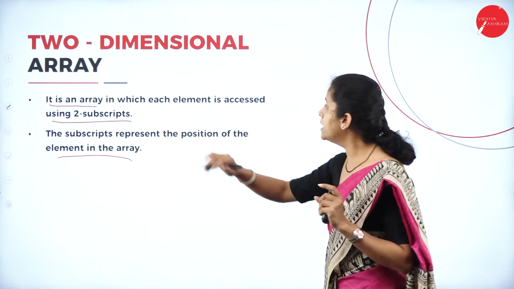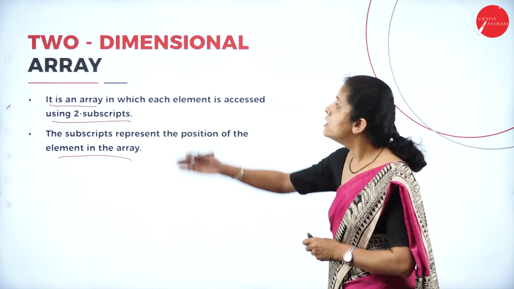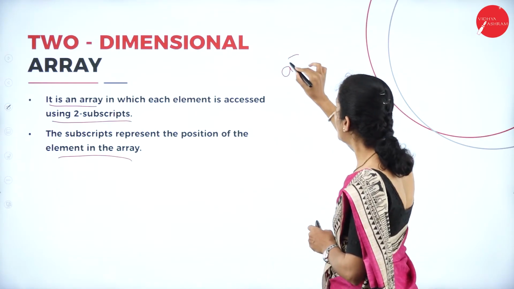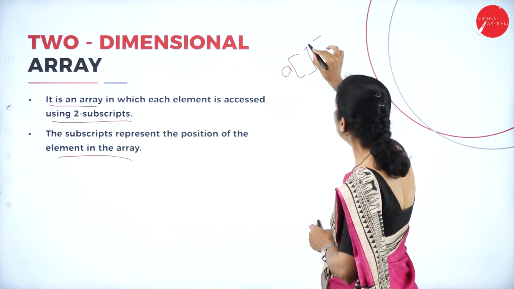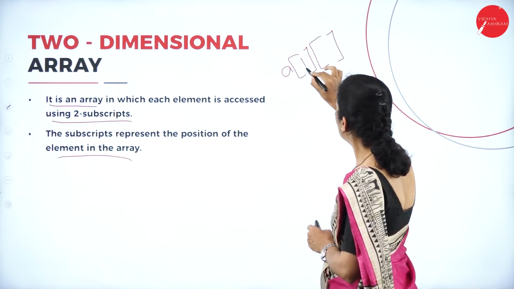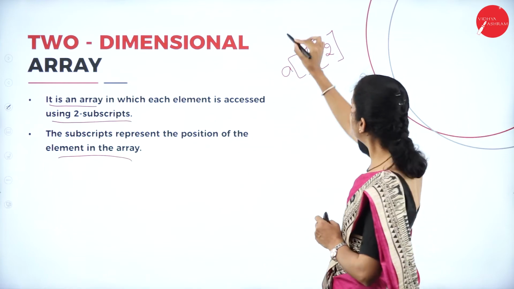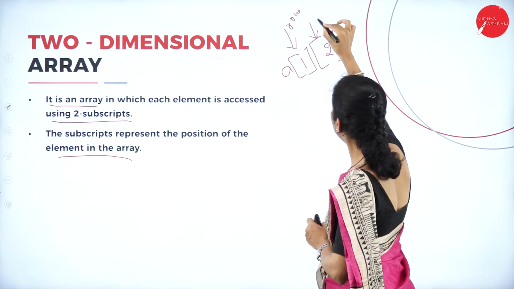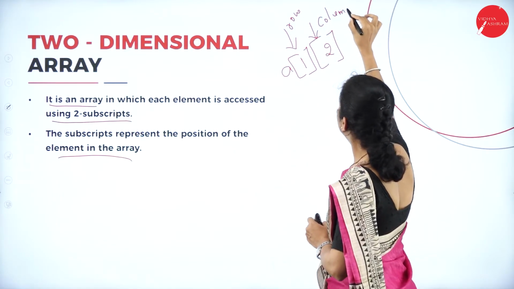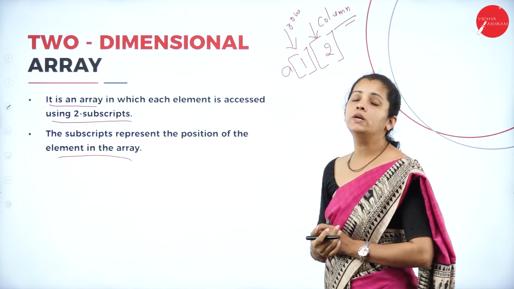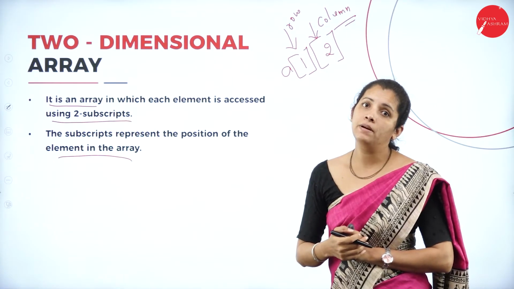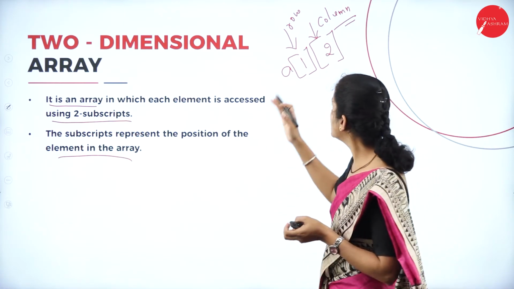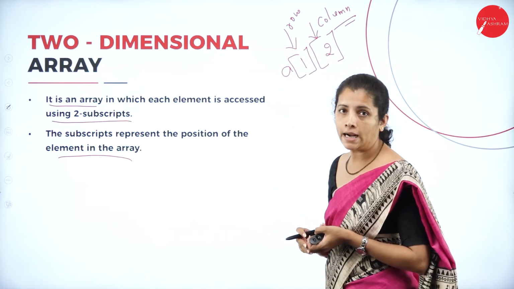Now, dear student, let me write the two-dimensional array. So, here the array name is A and I have two dimensions, say 1 and 2. So, this is my row and this is my column. All the two-dimensional arrays are examples of a matrix.